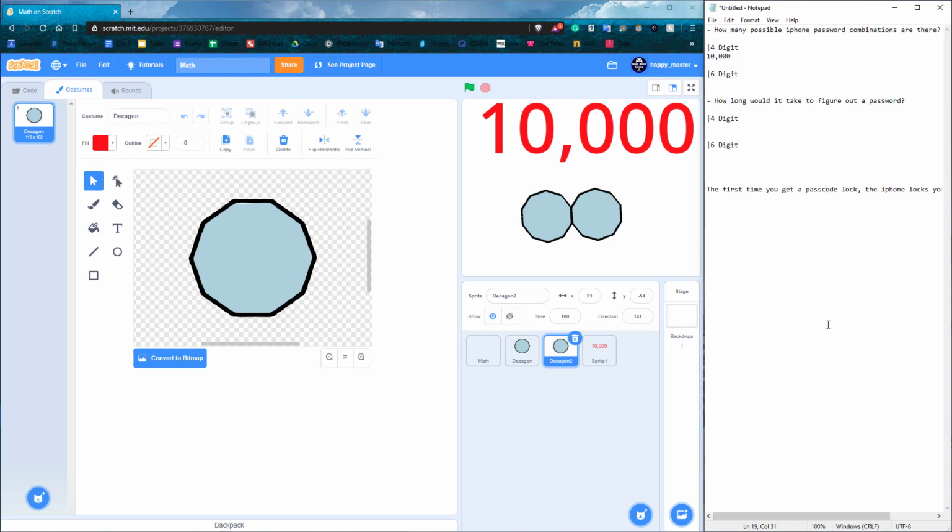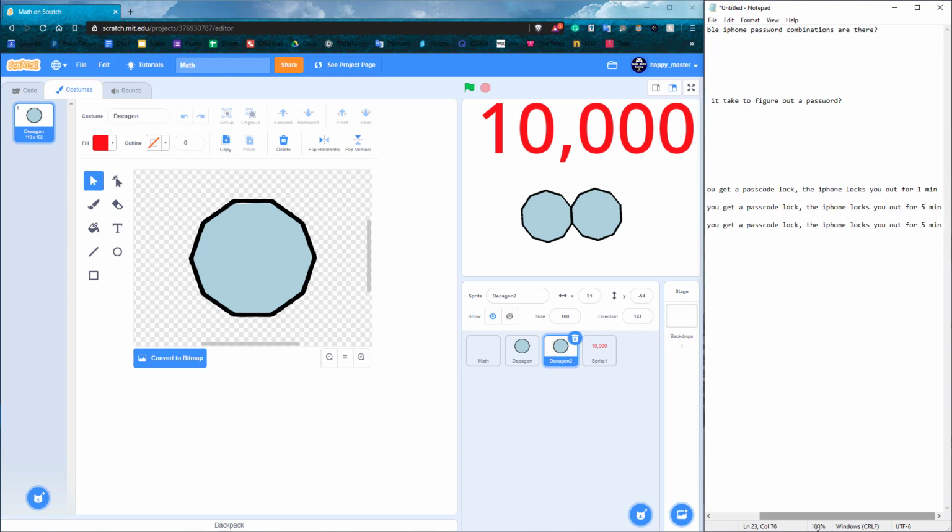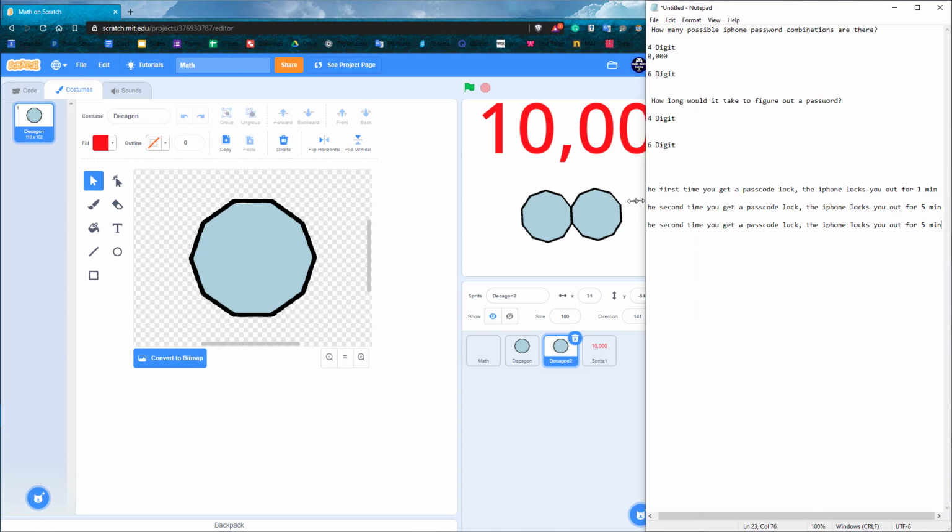The second time you get a passcode lock, the iPhone locks you out for 5 minutes. And that's the only non-mathematical thing. That was just set by them. But for the next one and so on, let's put that there too, so you guys can see. Let's make this a little bit bigger.